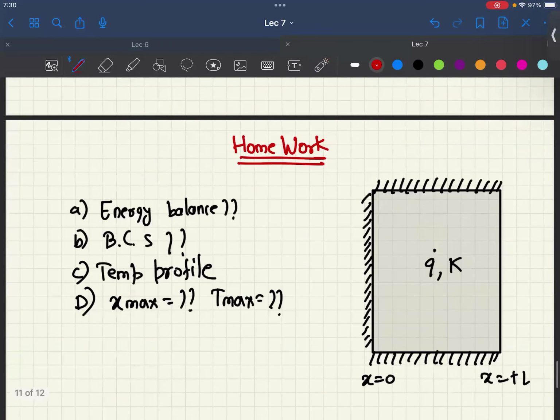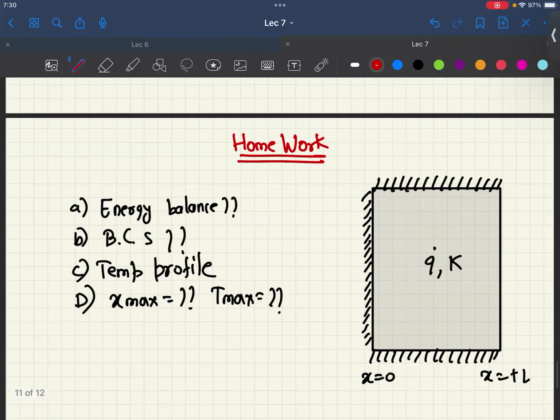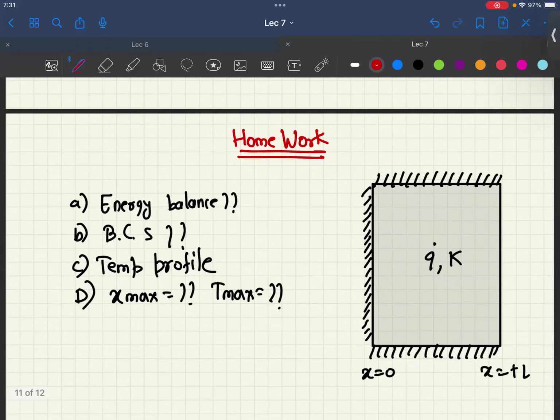What is the temperature profile for this system? So now what we have in here is a slab whose both the ends are insulated, right? And we are using this x, and this is also insulated. That means at this point dT by dx is equal to 0.